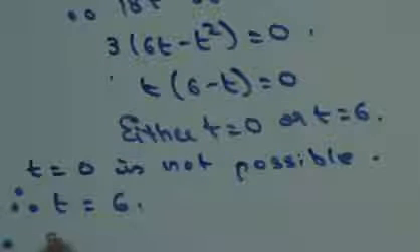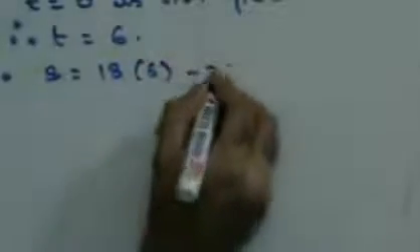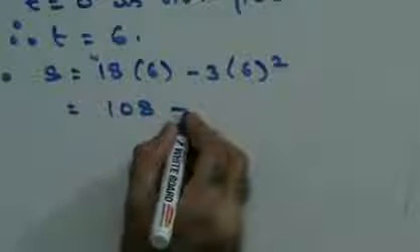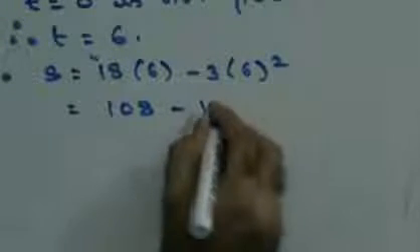Therefore, displacement will be 18 into 6 minus 3 into 6 square, minus 36, 108.